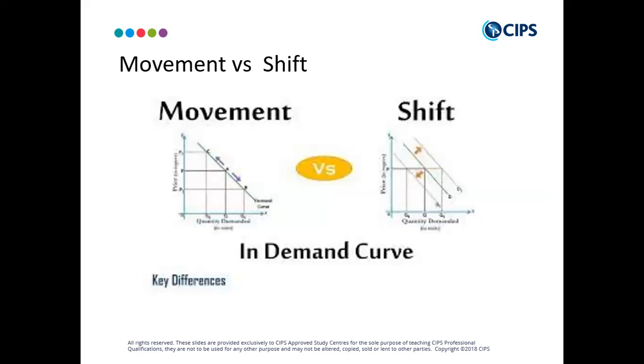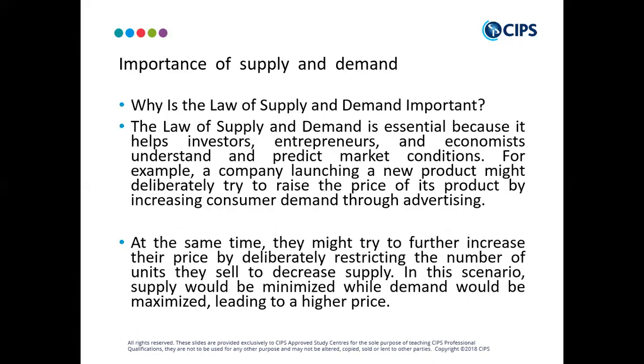Again, with price, when the price is low, demand changes. But with a shift, the price stays the same, and quantity demanded still changes. You get it? This is because there are other factors that affect demand besides price.